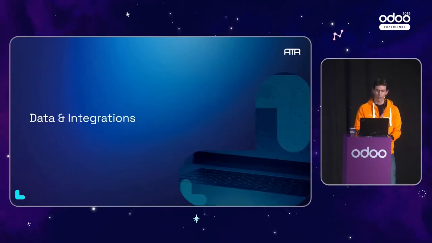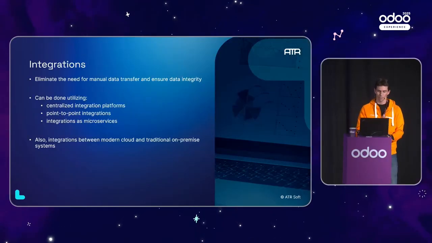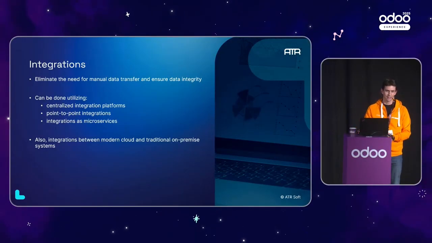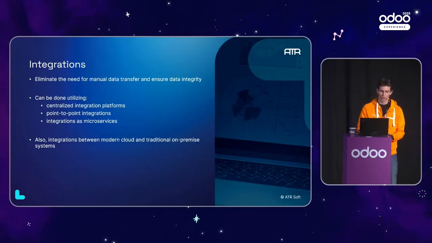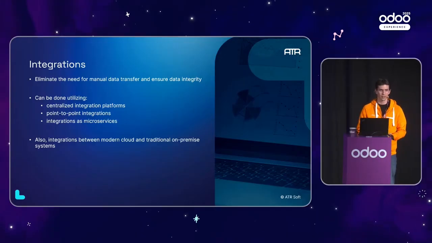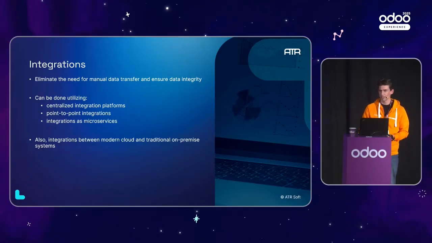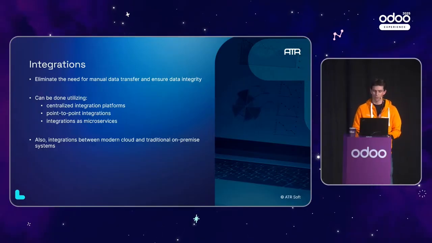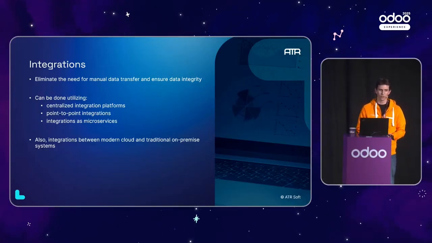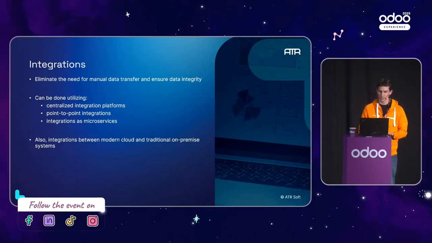Then a few words about data integrations before the actual demo. Why does one need integration? First of all, it eliminates manual data input, which is prone to errors and also really time consuming, especially if you need to update your data often. It also ensures that all operations go by predefined processes.